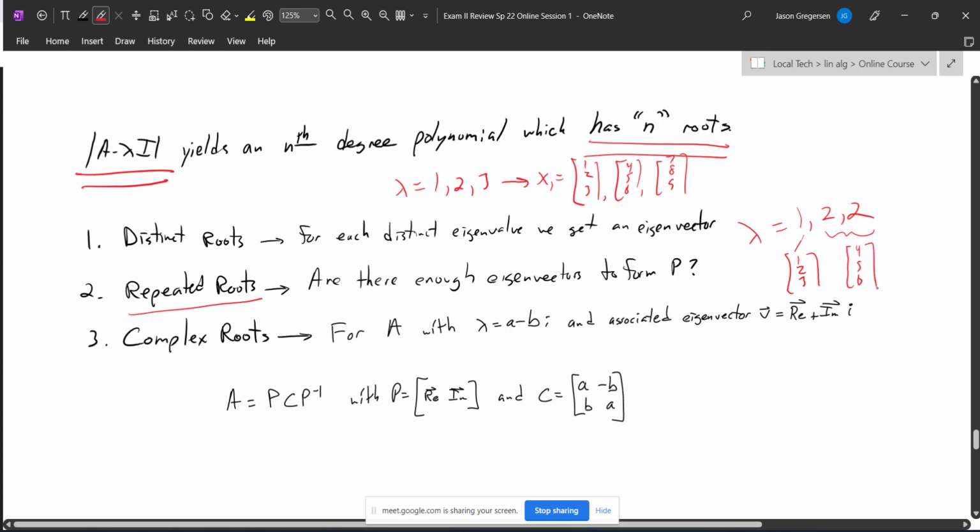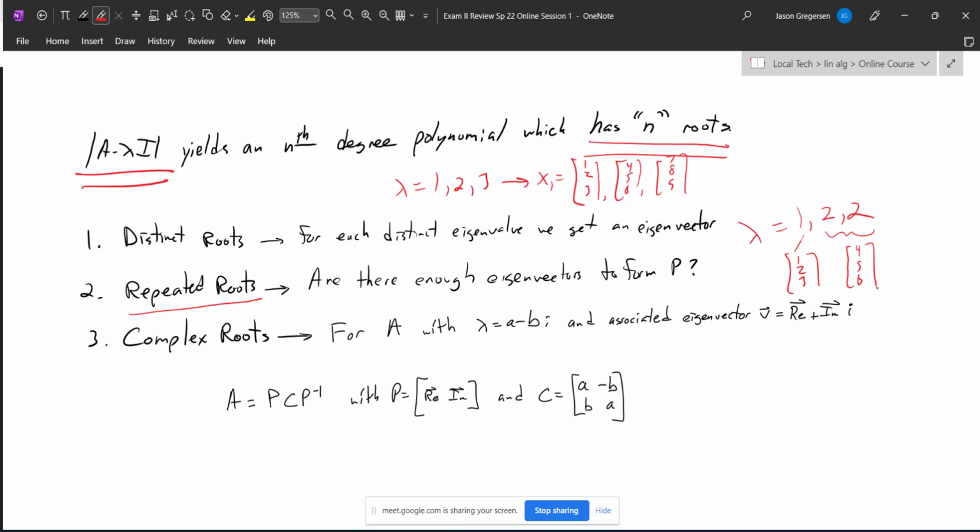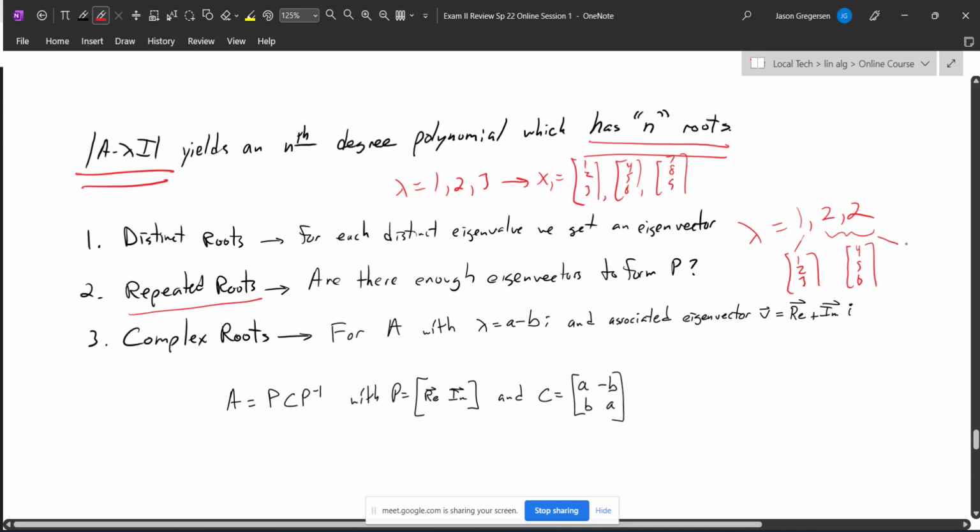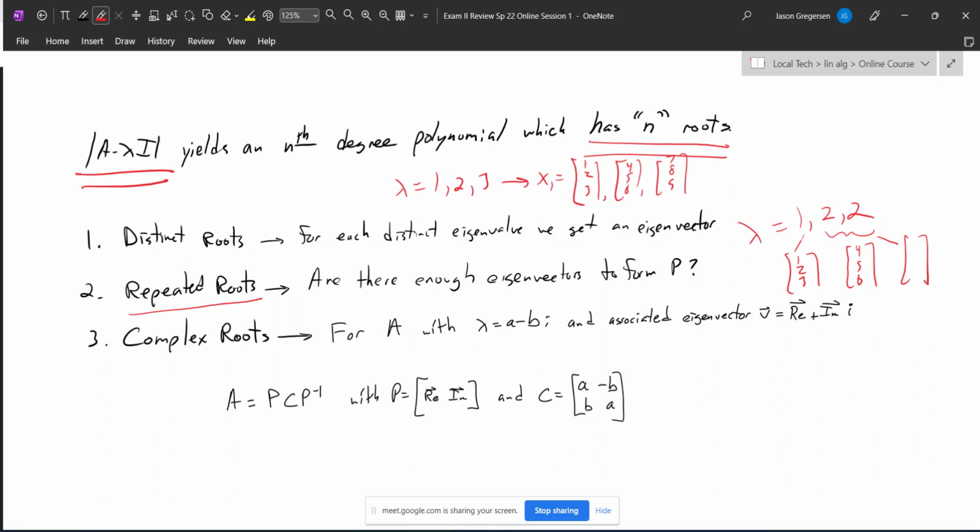If that's the case, then I cannot form a square matrix P, and therefore the matrix A is not diagonalizable. However, in other cases, when I plug in lambda equals 2, I will have 2 free variables in my solution process, and I will be able to generate a second eigenvector. In that case, my matrix is diagonalizable. So the question about diagonalizability is really, am I going to get enough eigenvectors from the repeated eigenvalues?